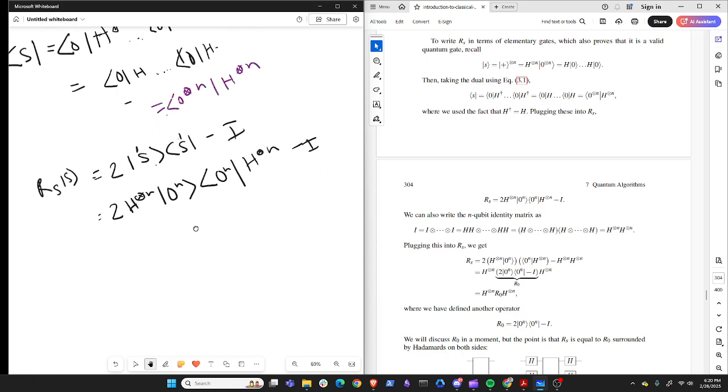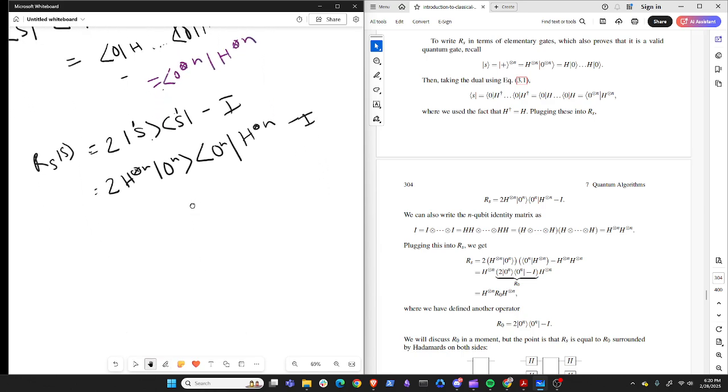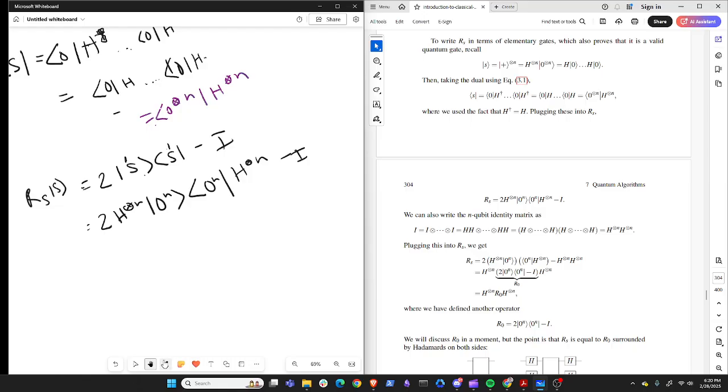They're further decomposing the identity matrix into, as we know, when we have pairs of Hadamards, they create an identity. So if we have H acting in a sequence on some qubit, this is equivalent to just identity.